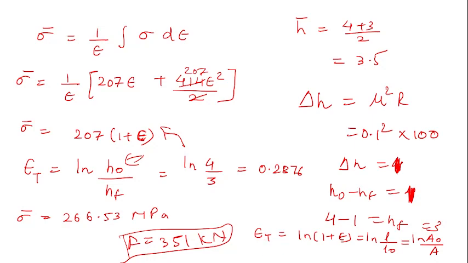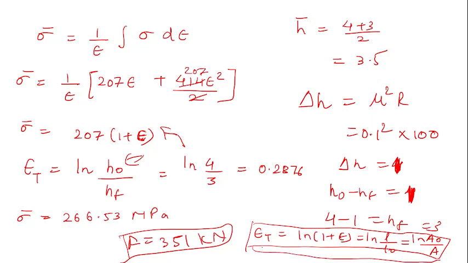So you can use any of these formulas. Whenever the dimension is increasing, we use final by initial dimension. Otherwise you'll get a minus sign; then just take the magnitude, don't take the sign.